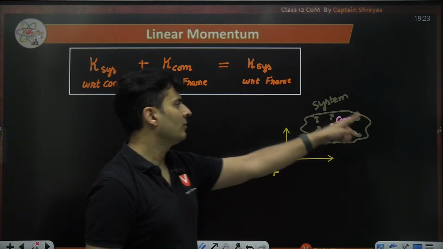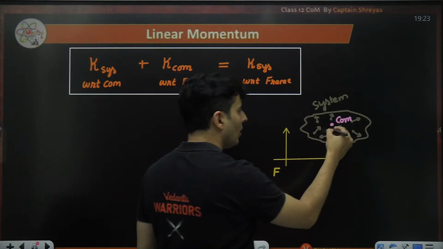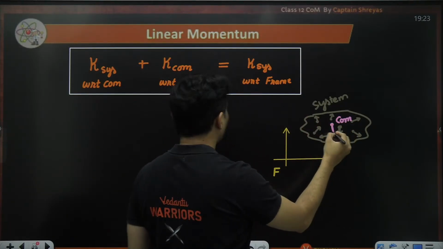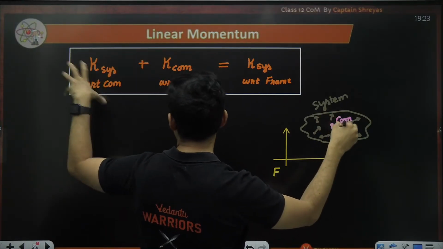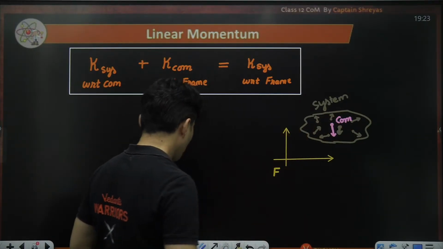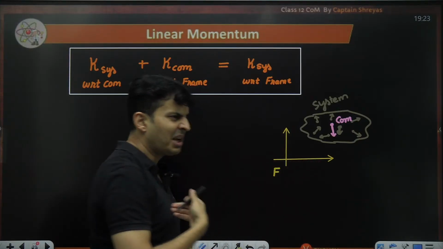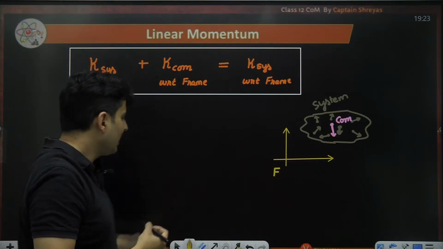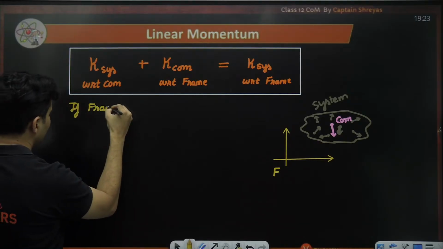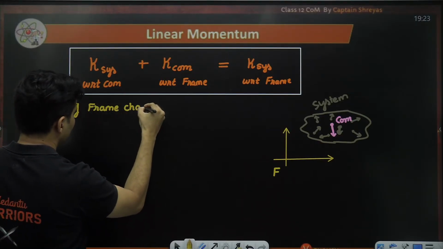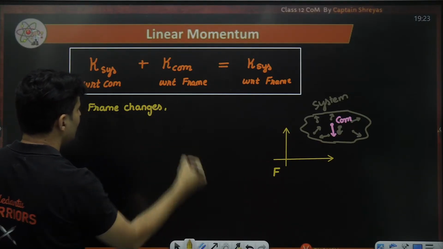So the kinetic energy of the system is the kinetic energy of the center of mass plus, from the center of mass, whatever kinetic energy you see. Now the frame is our choice. I can choose whatever frame I want. If the frame changes, tell me what all will change.